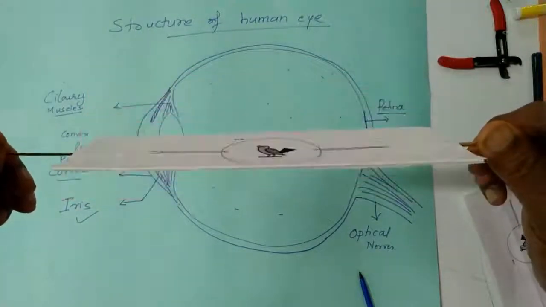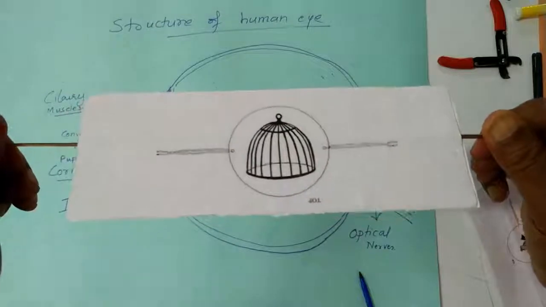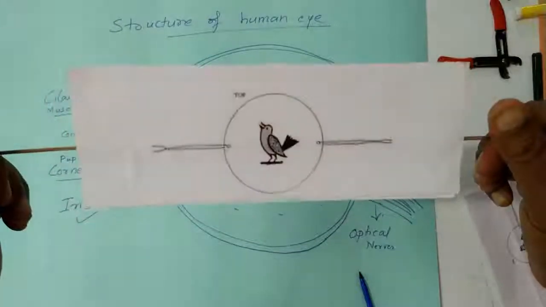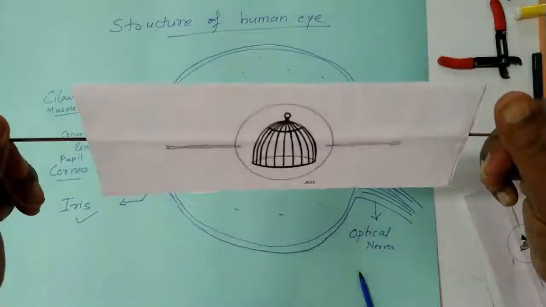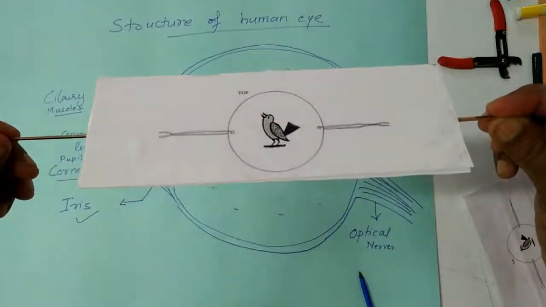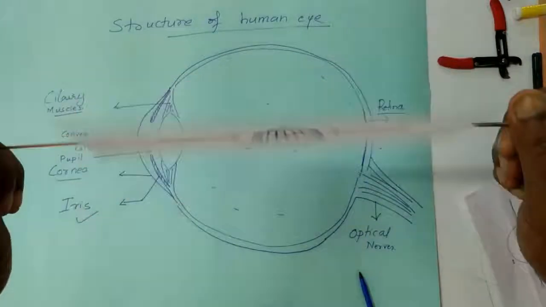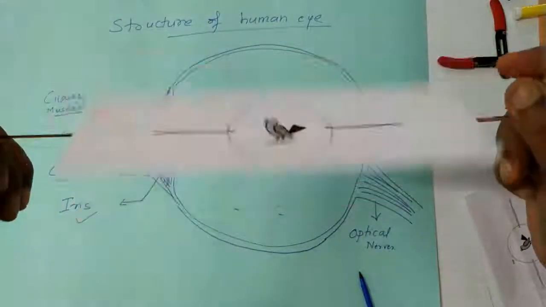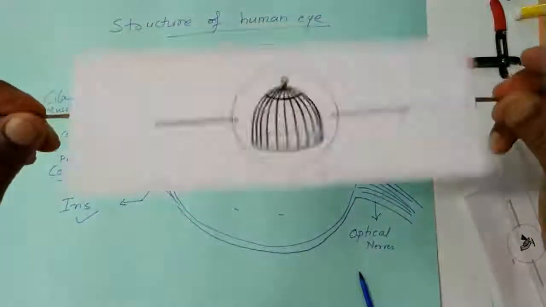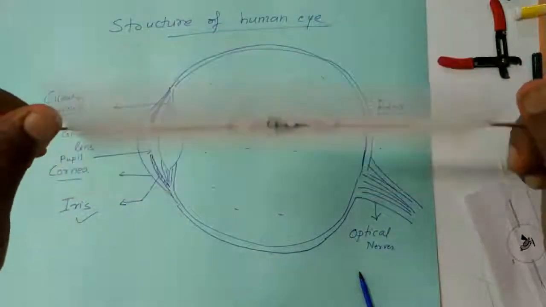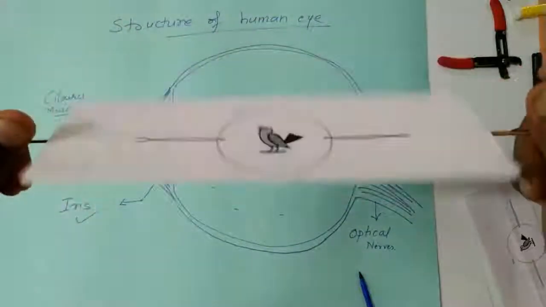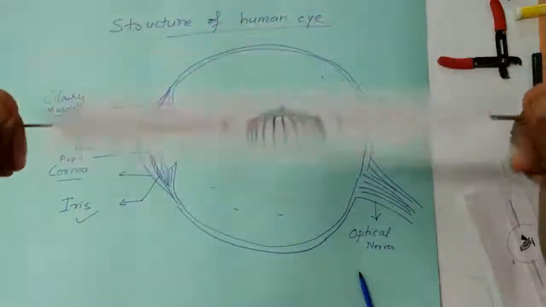So when I move this continuously, the image of the cage as well as the image of the bird falls on the retina simultaneously. But if I move it a little fast, we see that these images are overlapped. Look at this. You will find a bird is inside the cage. Maybe the beak of the bird is slightly out. That is because you have to properly arrange both the figures so that the bird comes inside the cage.